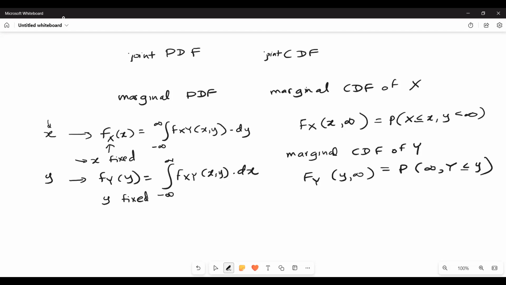So this is basically the mathematical definition of the marginal CDF function.